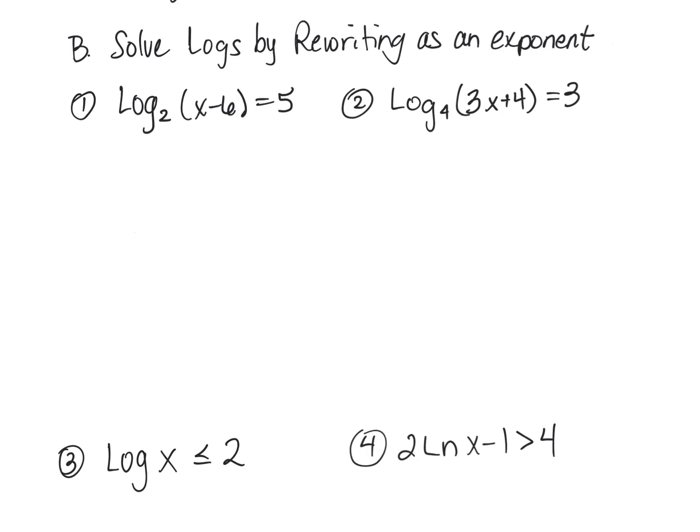So for number 1, we have log base 2 of x minus 6 equals 5. So we're going to rewrite this as an exponent. What's the base of our power? 2. So 2 to the 5th equals x minus 6. And I'm just going to put the x minus 6 on the other side to keep the x on the same side.